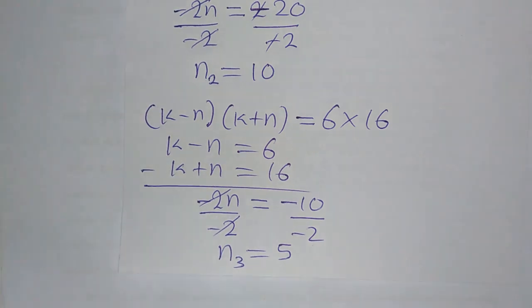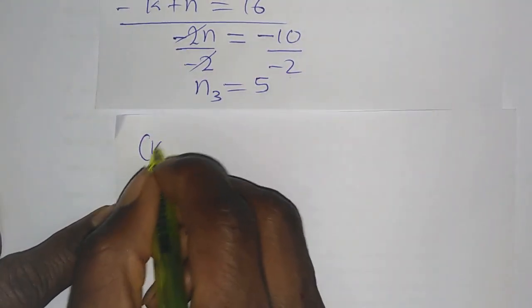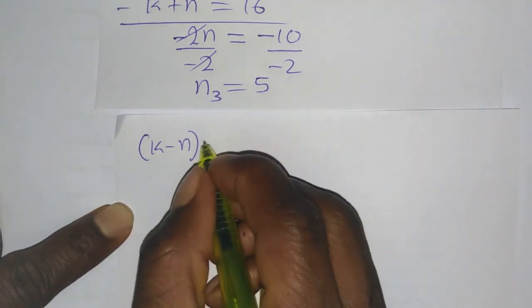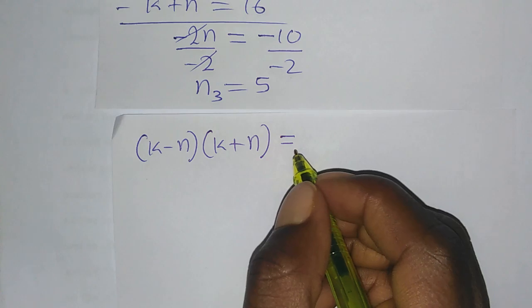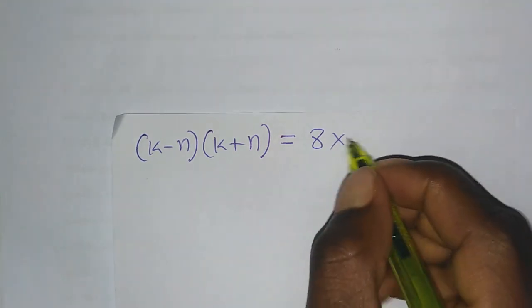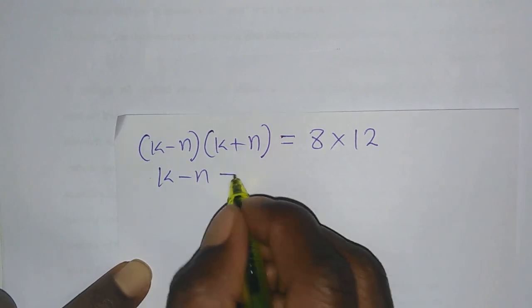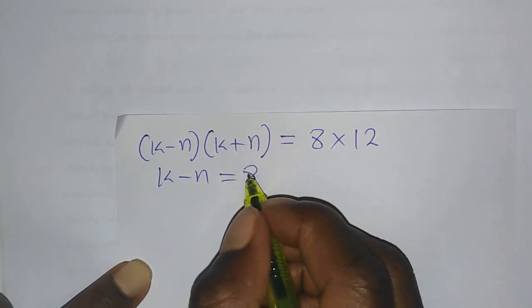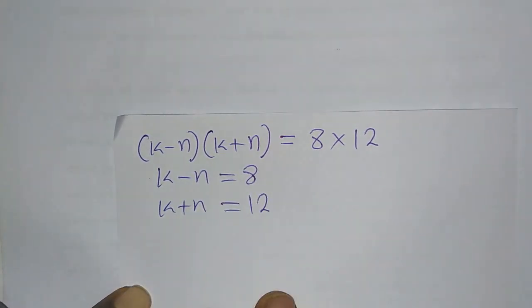And again, we move to the next factors, which is 8 multiplied by 12. We are going to have k minus n into k plus n equal to 8 multiplied by 12. K minus n equal to 8 and k plus n equal to 12.